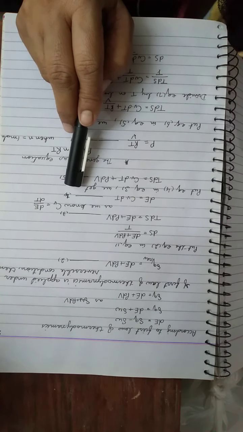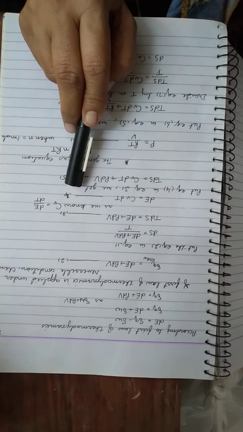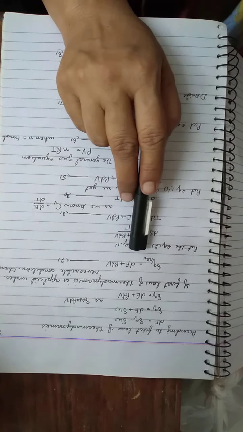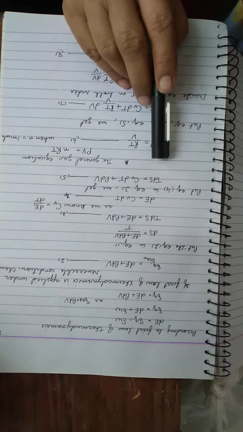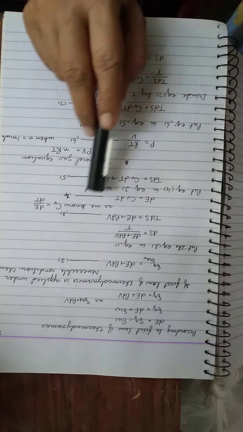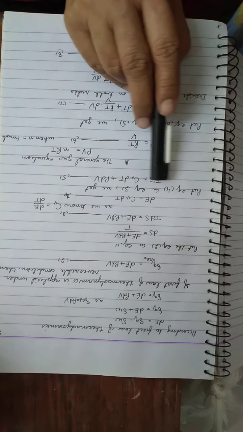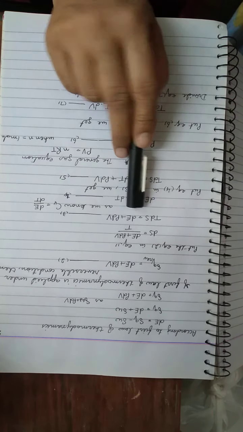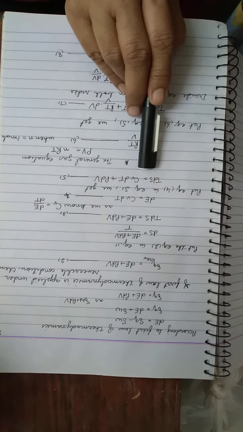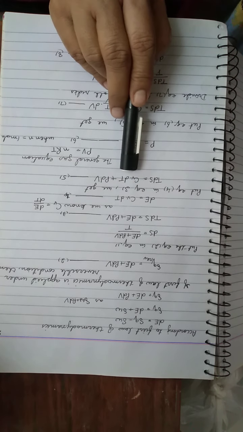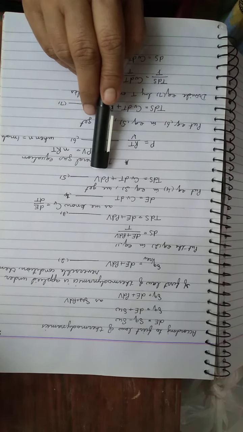This will become equation number 4. Put the value of dE in equation number 3. TdS is equal to Cv dT plus PdV.